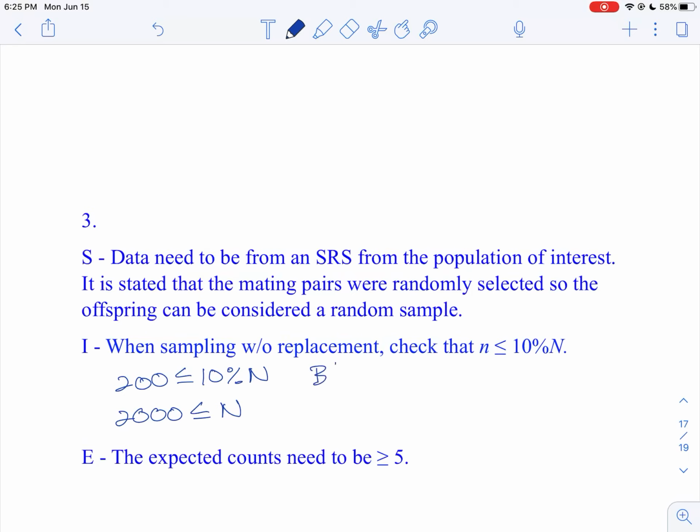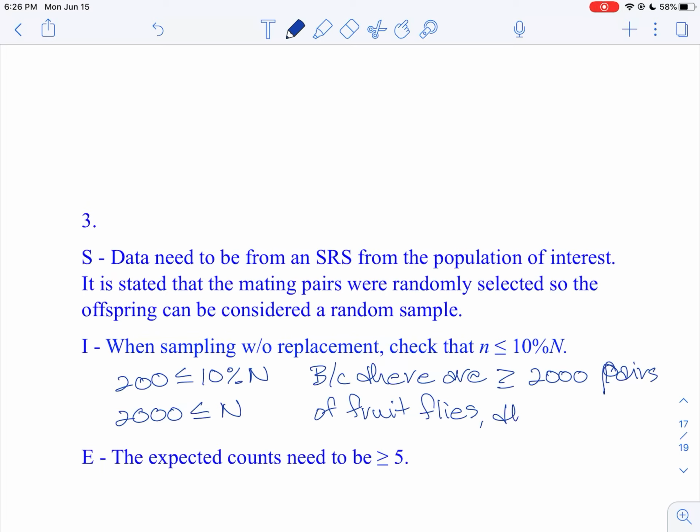So I do have to say on this one, because there are more than or equal to 2,000 pairs of fruit flies in the world, this condition is satisfied.